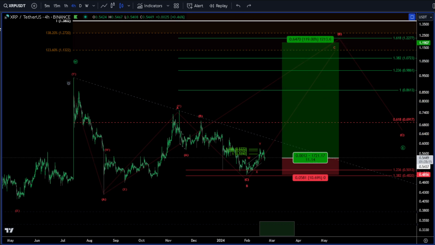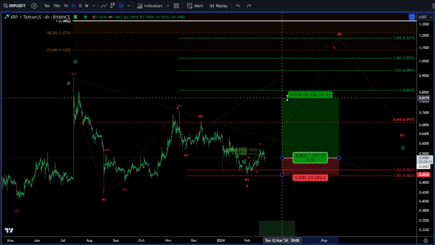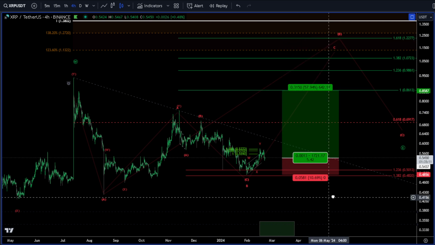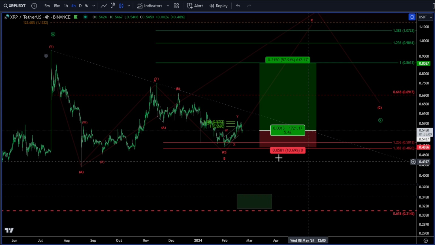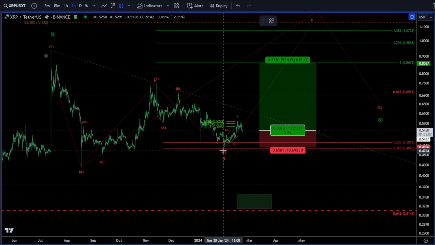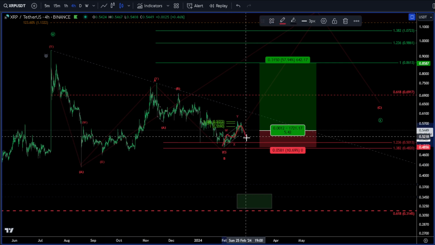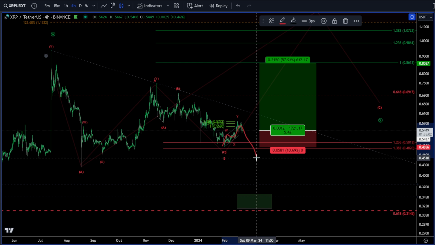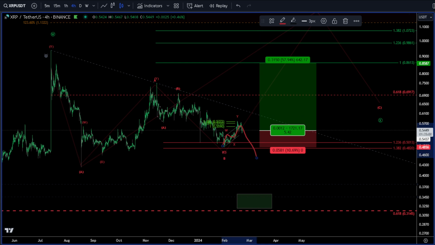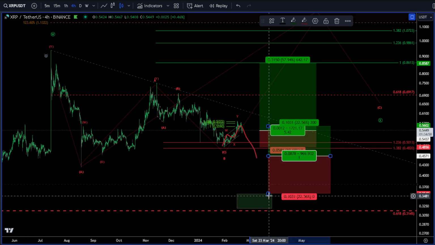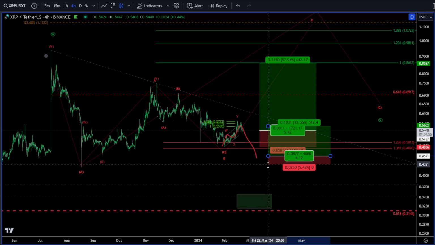So first targets will be the one-to-one, so I'll leave that for now, and I will adjust that. And if it fails, I'd take one last ditch, figuring this is a more complex three-wave move, make one more wave to the downside, and I'd look for an entry down here. Stop would go at that A wave low.